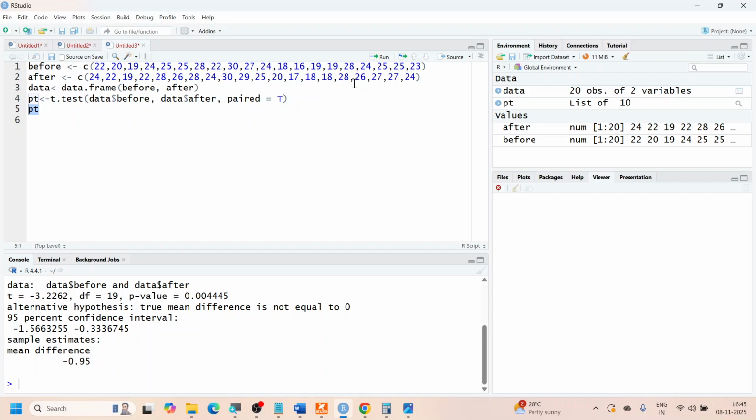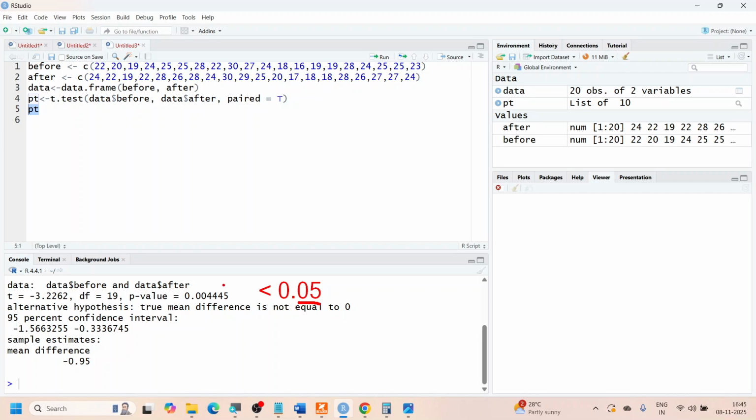But with respect to the value that we got, you must be very sure, 95%. That means the level of significance is 5%. You say whether you are 95% sure that the training has helped the student or not.